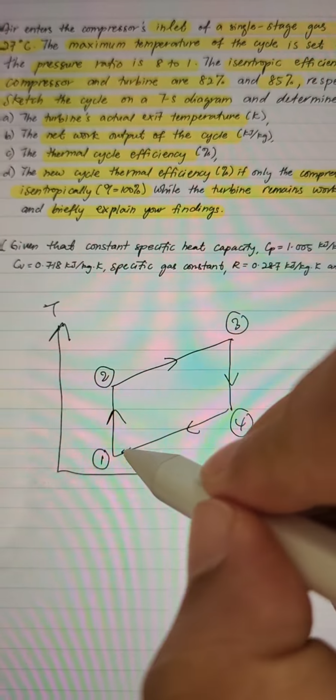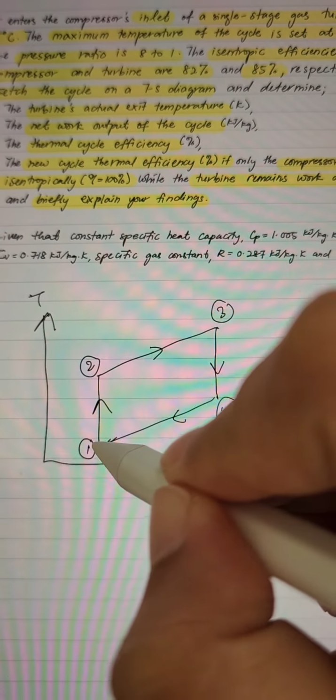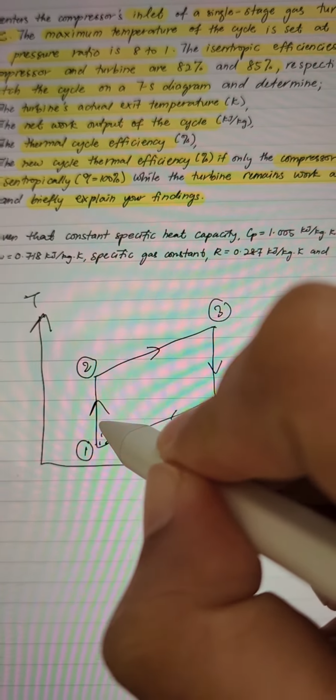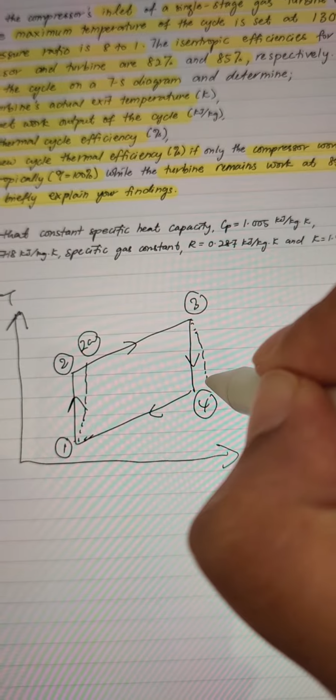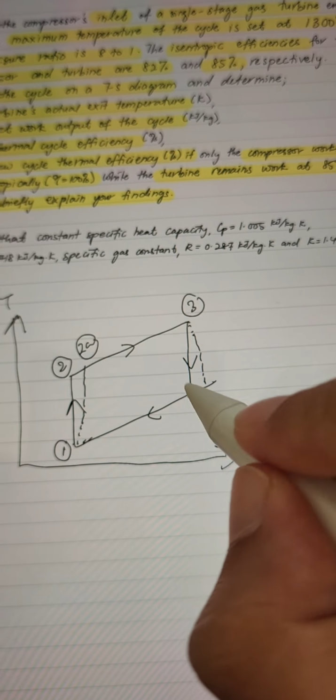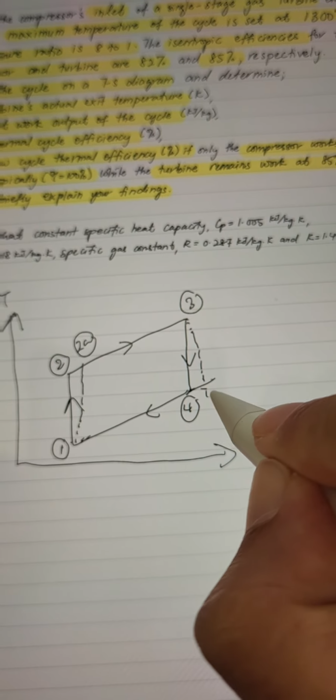And also next we are going to plot the isentropic efficiency of your compressor, where we have this dotted line over here that marks the isentropic efficiency at your compressor. So T2A is actually the actual temperature at T2. And next we are going to have the isentropic efficiency at your turbine, so we are going to have 4 and also 4A.